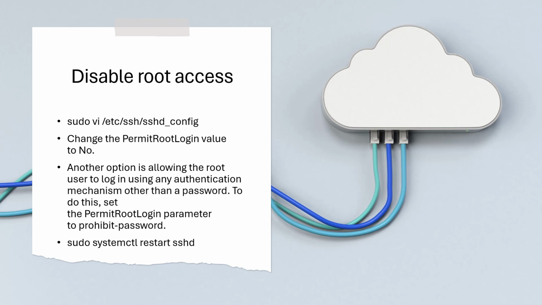Then you would change the PermitRootLogin value to no. Another option is allowing the root user to log in using an authentication mechanism other than a password. To do this, you would set the PermitRootLogin parameter to prohibit-password.